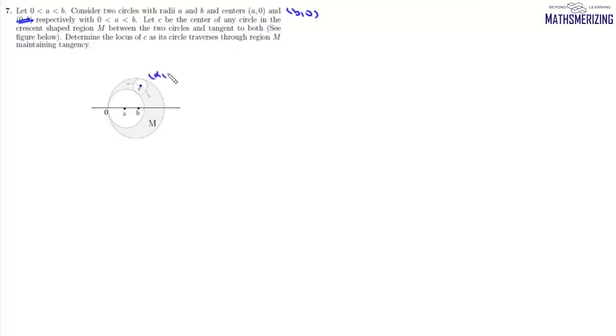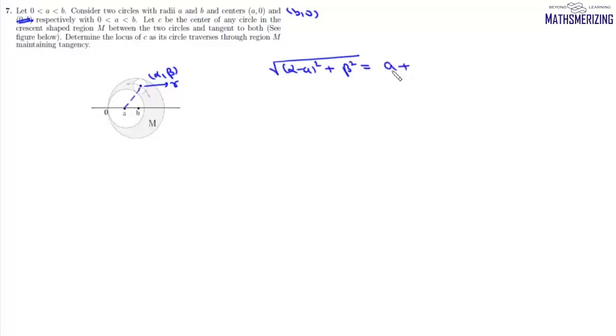We'll take this point as (alpha, beta), and let the variable radius of this circle be r. Now these two circles touch each other externally, and if they touch externally, then we can write under root of (alpha minus a) whole square plus beta square will be equal to r1 plus r2.